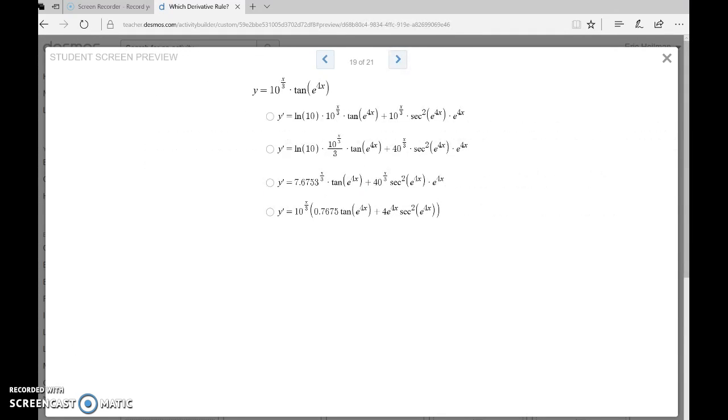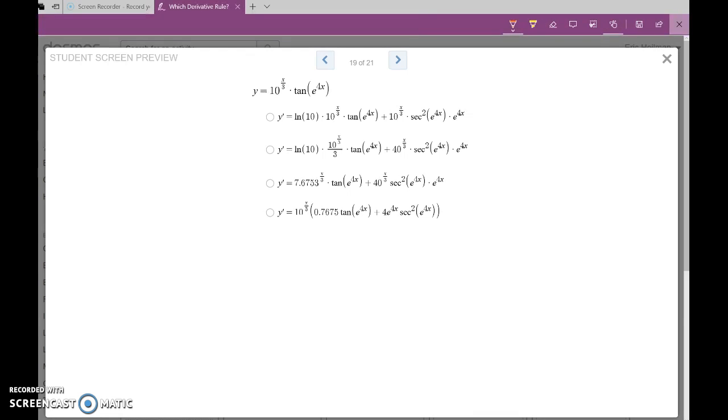Okay, so we have a product here, so we're going to use the product rule. When we take the derivative of the first term, we're going to have to use the chain rule, because the derivative rule for exponents is just the chain rule. And then we're going to do the same thing when we take the derivative of the second term. So let's get to deriving. Okay, so y prime.